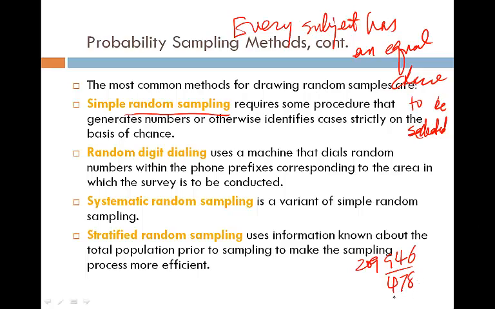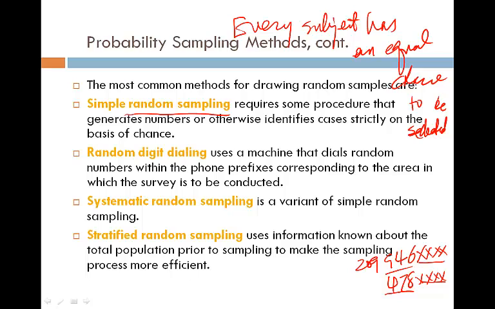If we select these 2 prefixes, the rest of the number we can use a computer to generate random numbers. If we use this method to call people in Stockton, we are using the random digit dialing method.